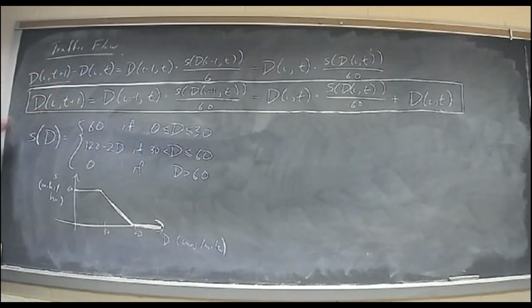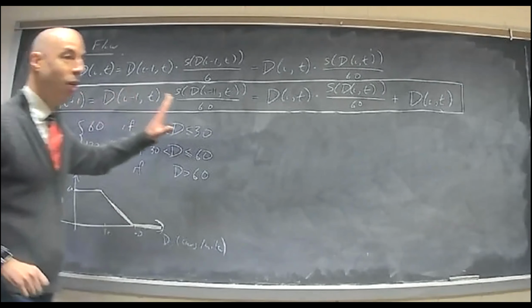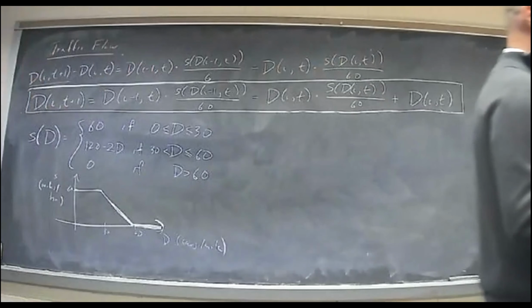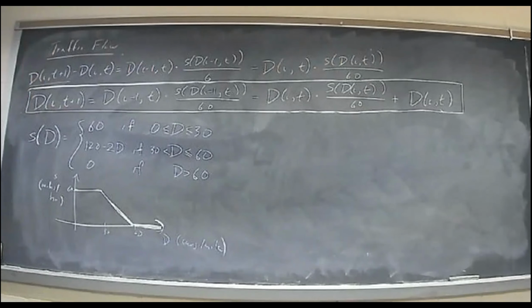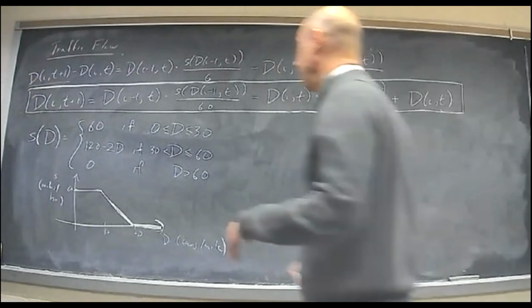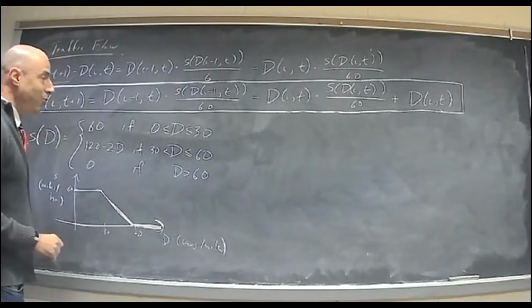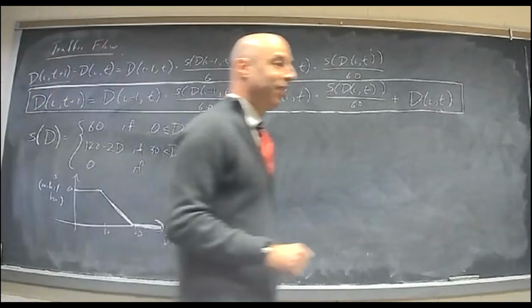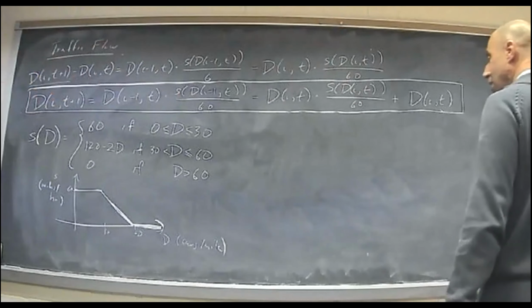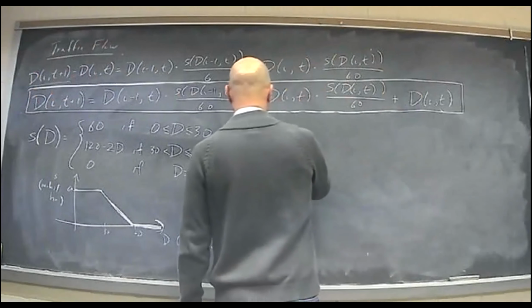So we have our propagation equation now. This is basically ready to go into an Excel spreadsheet. All we need now are additional conditions, and we can make them up any way we want. So now we need initial conditions.